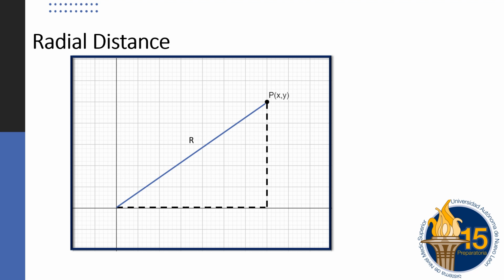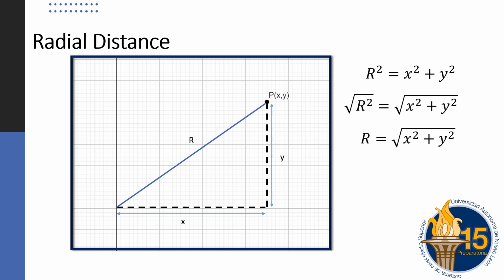That is, the distance from the origin to x is a leg, the other leg is the height y, and r is the hypotenuse. So, r squared equals x squared plus y squared, and r is the square root of x squared plus y squared.